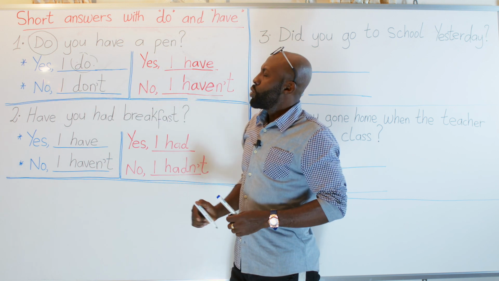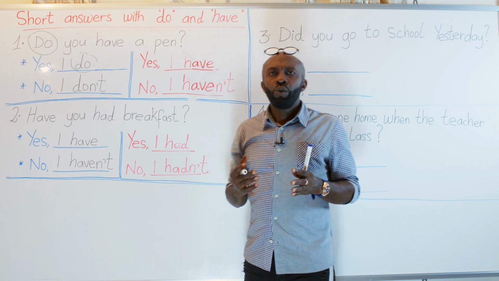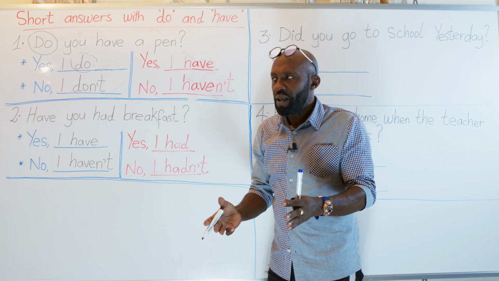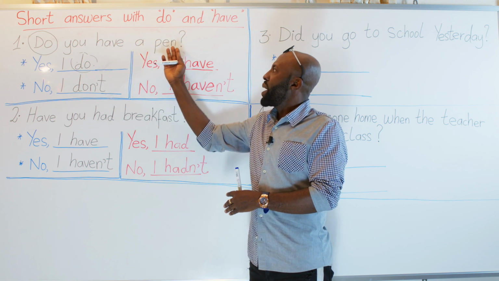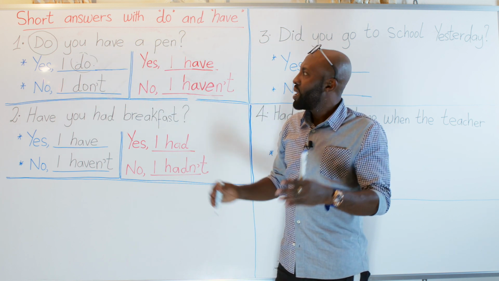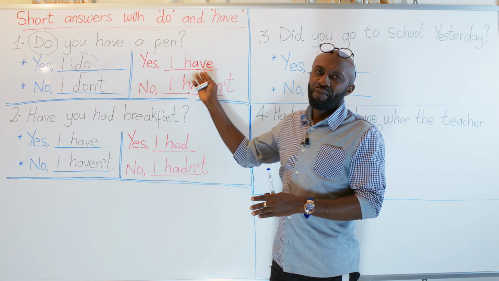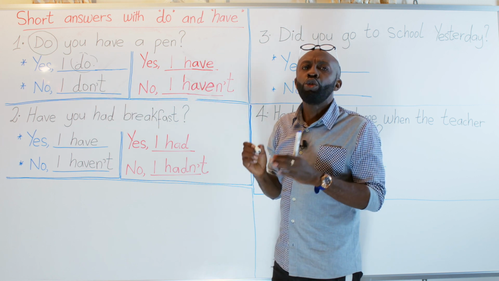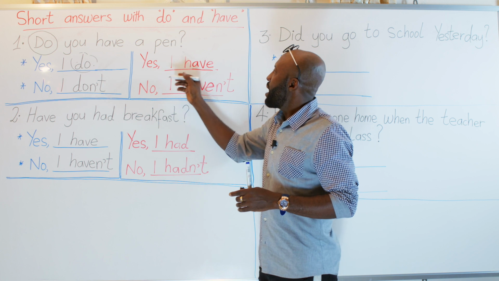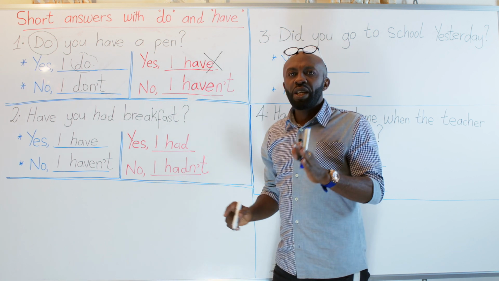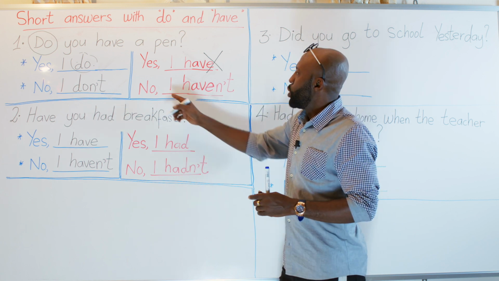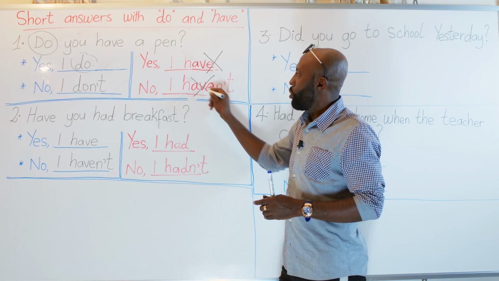Okay? Some students do make this mistake. If a question like this comes up, do you have a pen? Some students say, yes, I have, which is wrong. Or if it's a no response, they say, no, I haven't. It's wrong.